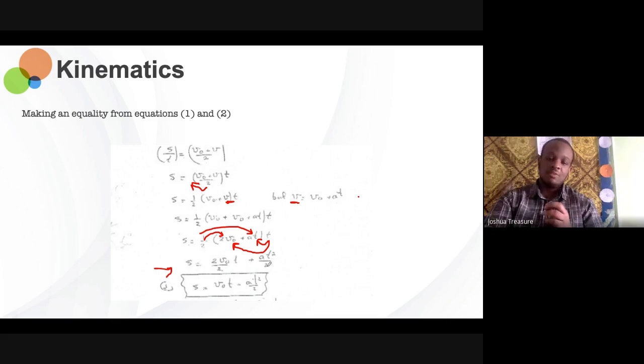And the final thing, we would cancel these two. These two would cancel each other, right? And then you could bring down your AT squared. So we'll be left with the final thing as V0T plus AT squared over 2.